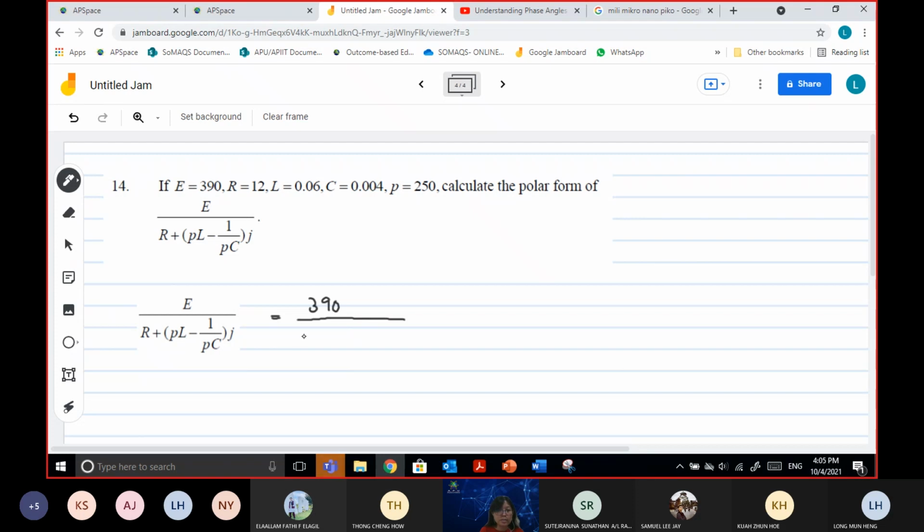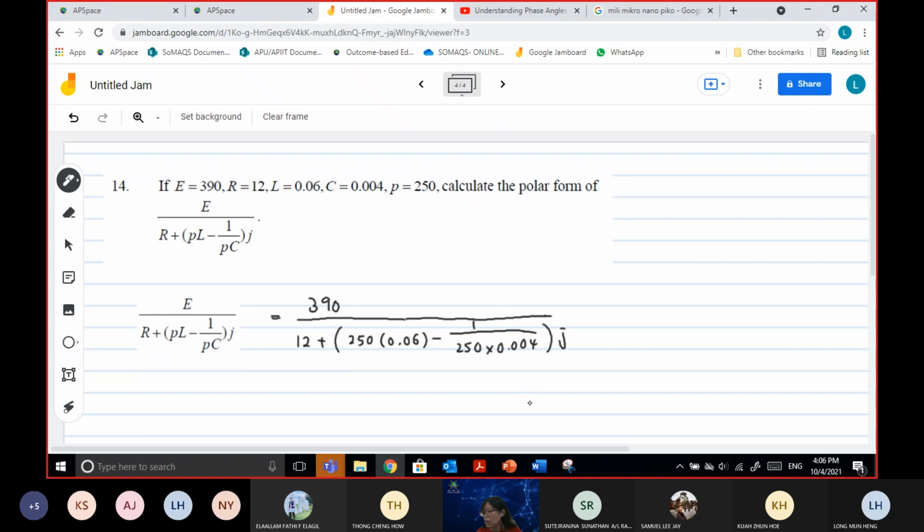Then for the rest, R is 12 plus, there's a bracket, P is 250 times L, which is 0.06, minus 1 over PC, which is 250 times 0.004. Then close the bracket. Then J.